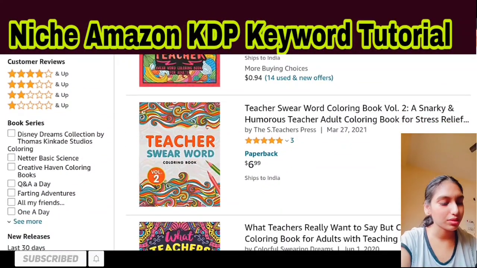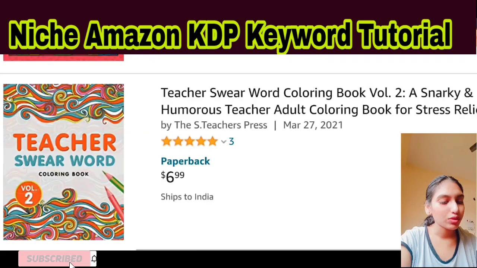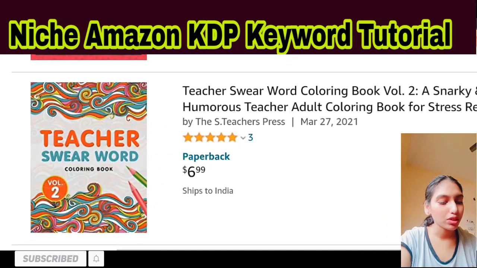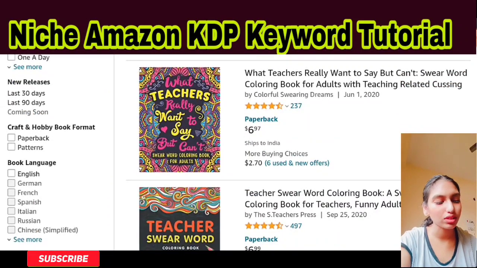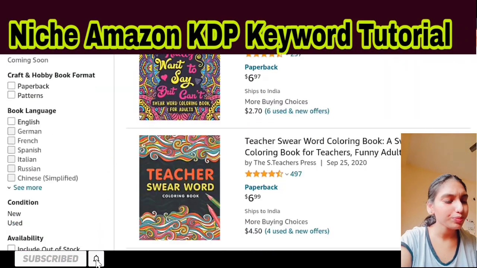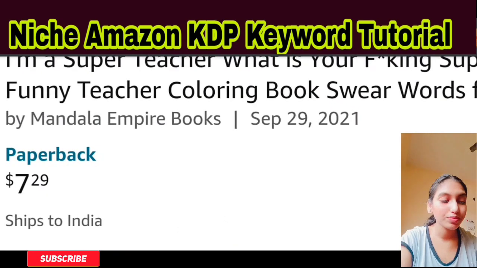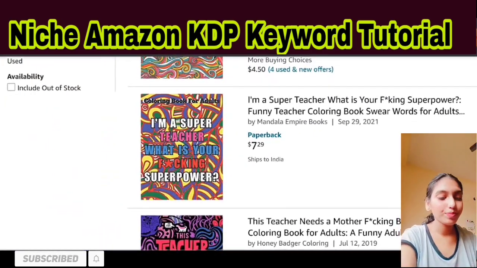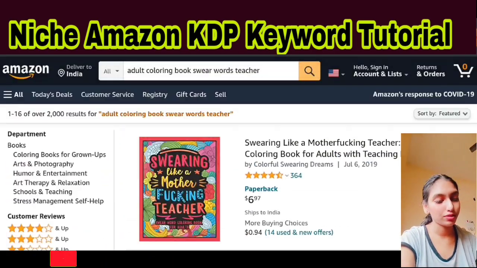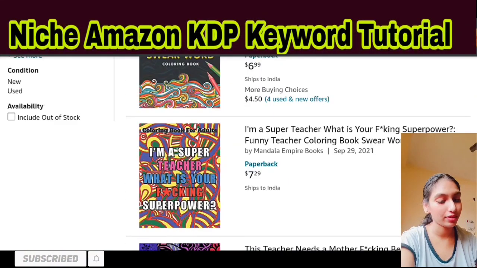This shows that there is demand, because see, on March 27, 2021, this coloring book was published, and it has got 3 reviews till now. They are selling quite a few books. And this one is also published recently, and they are ranking on the first page. This is the first page, and this book is ranking.